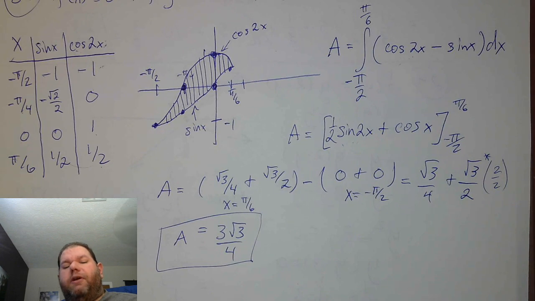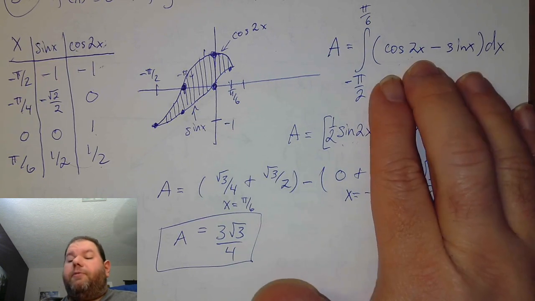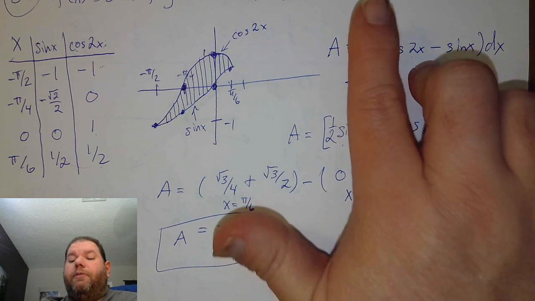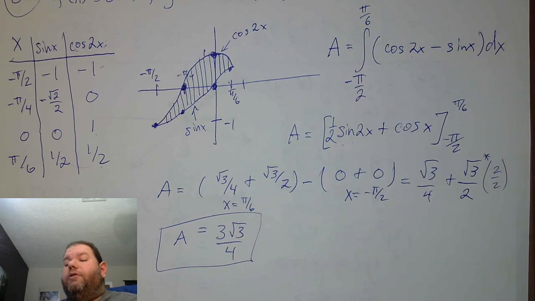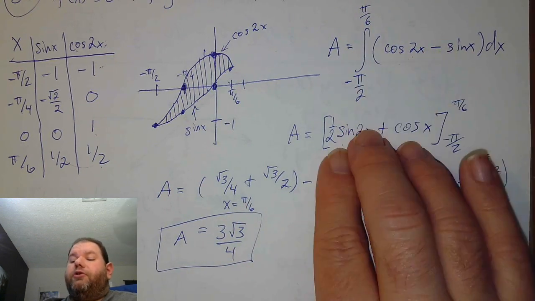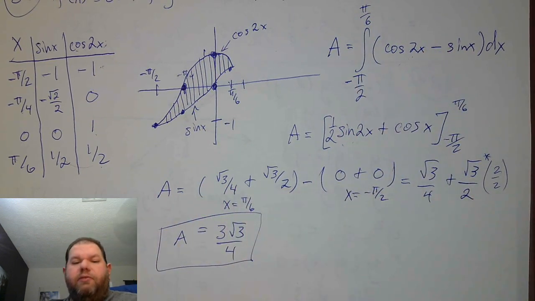And then beyond that, the graph doesn't have to be perfect. We just have to have an idea of what's going on. So we know that cosine 2x was the top function, sine x was the bottom function, and that allowed us to set up our integration here from the one endpoint to the other. We completed our integration, plugged in our limits, and simplified our answer from there.